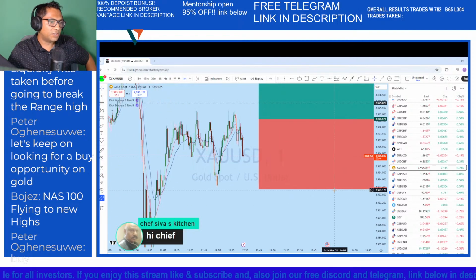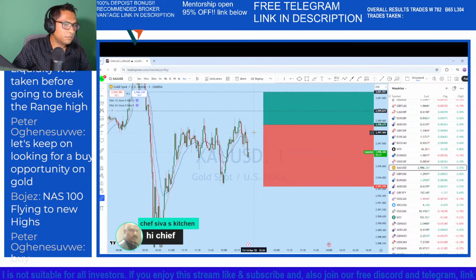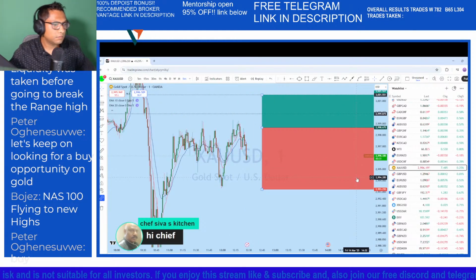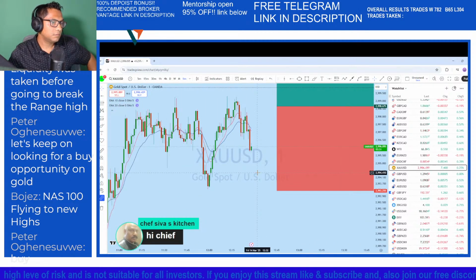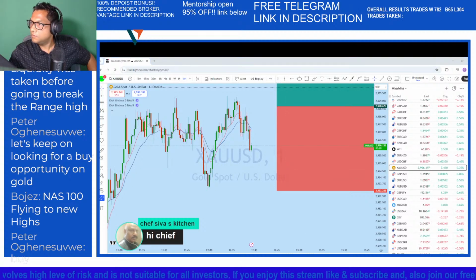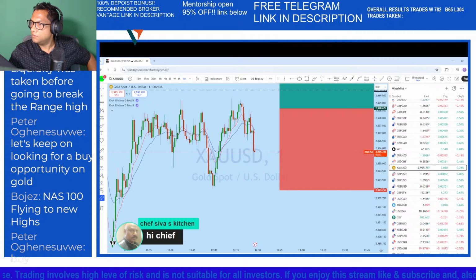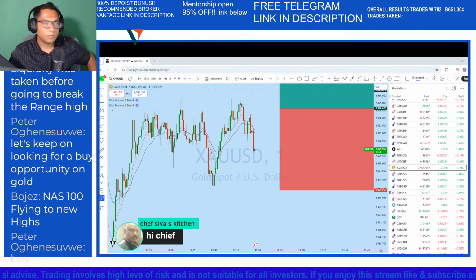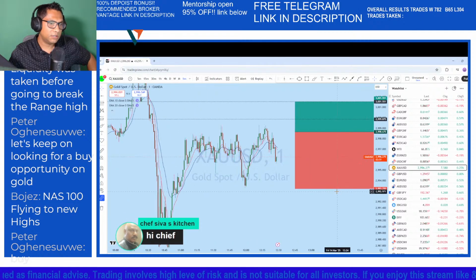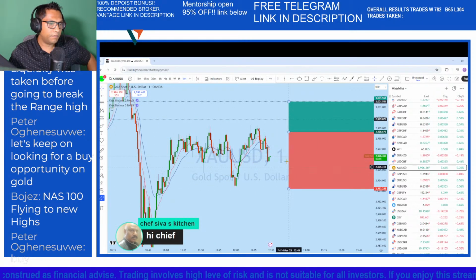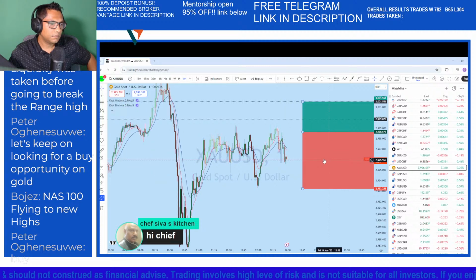So there is a complete break of structure here. So here we may see that you can see the market is forming, it's a very interesting structure.